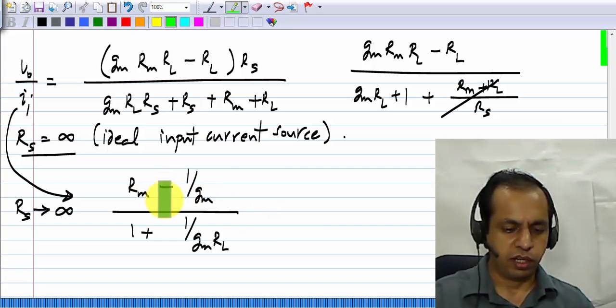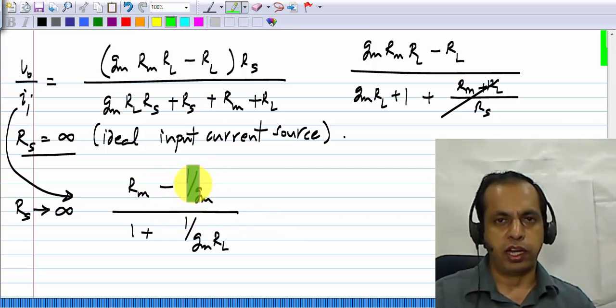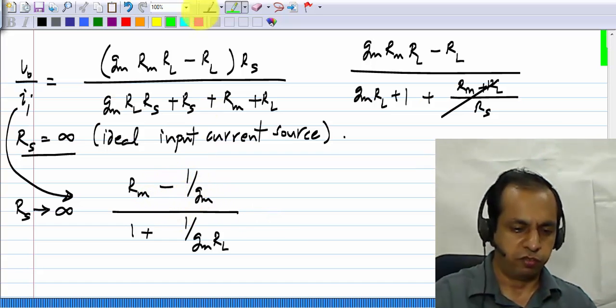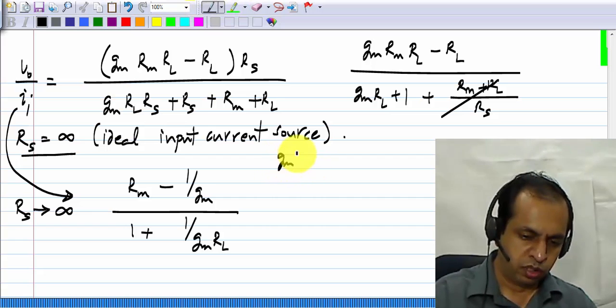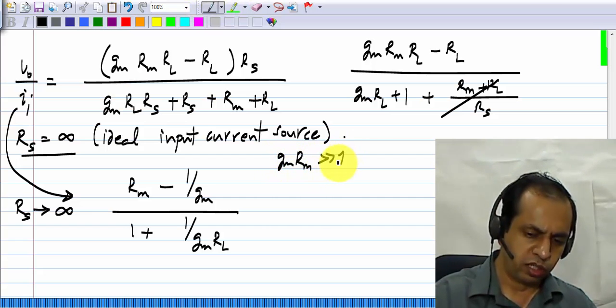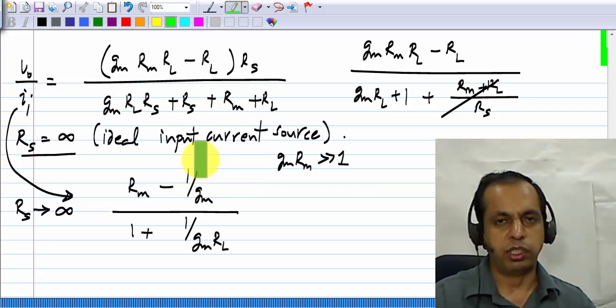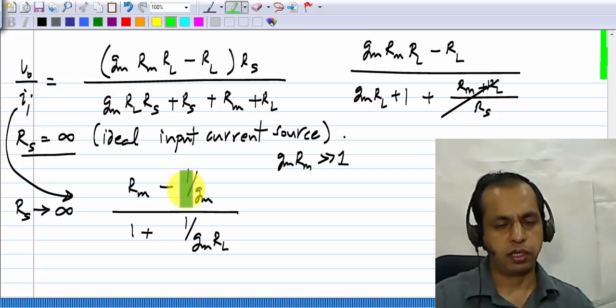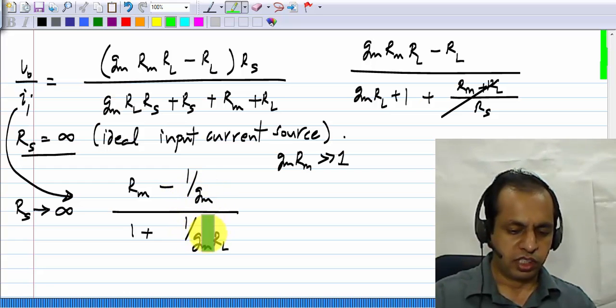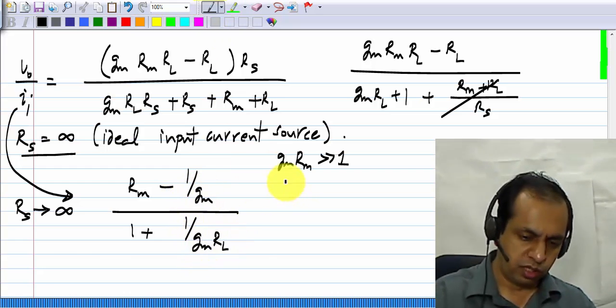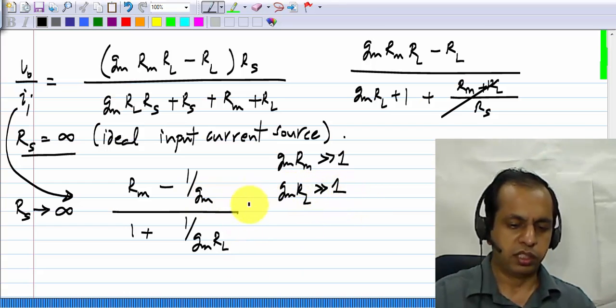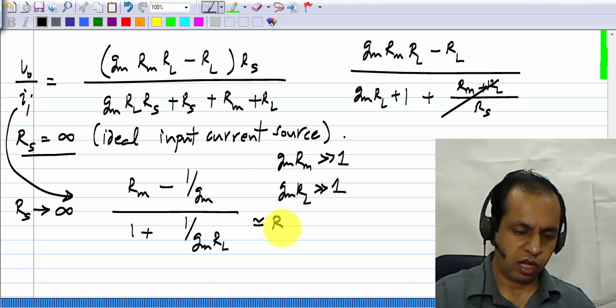Now what is this saying? If GM is very large, that is basically if GM RM is much more than 1, then this term in the numerator will be much smaller than this and can be neglected. And similarly, if GM RL is much more than 1, then this entire thing approximates to RM.